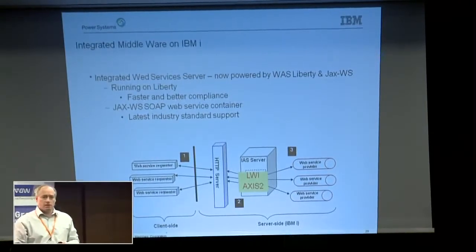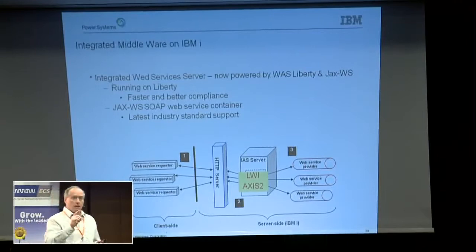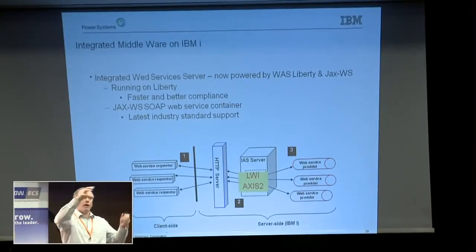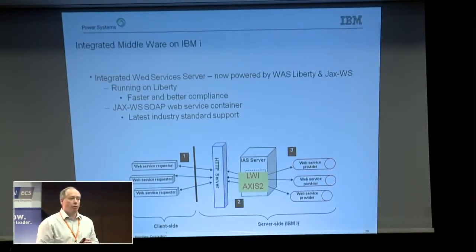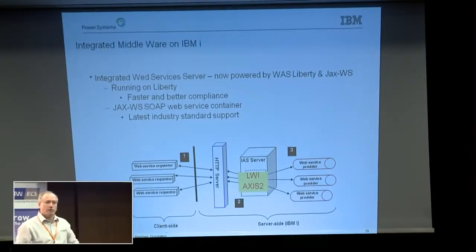Web services. We've had a web services engine on I for a long time, allowing you to point at an RPG or COBOL program, and we will create a web service for you. It's very simple to use. It's been built on LWI Axis 2.